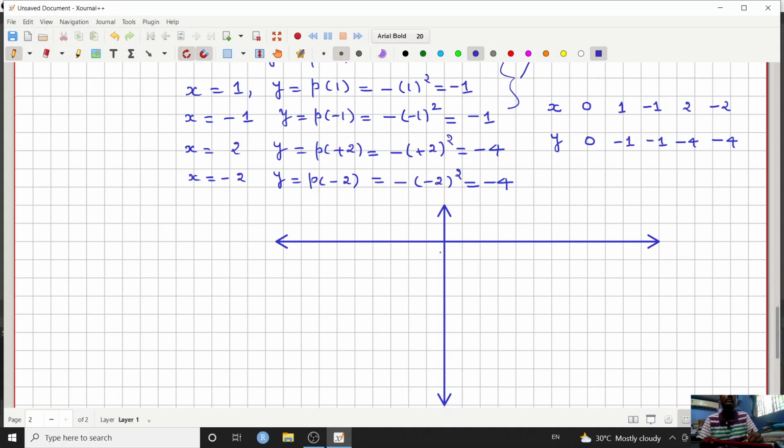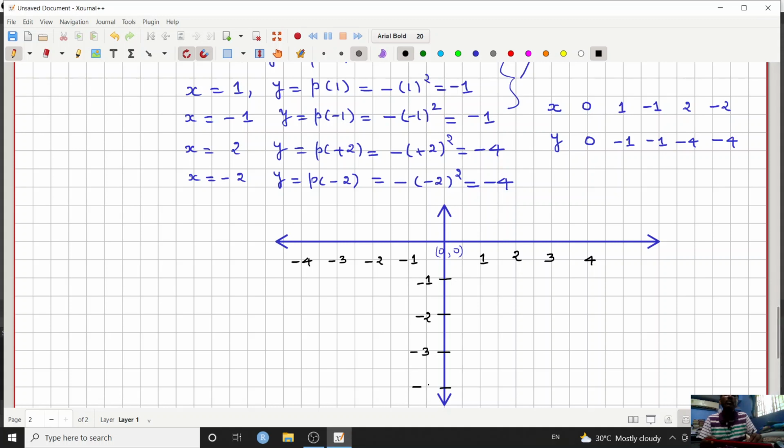This point is the origin 0, 0, and this is 1, this is 2, this is 3, and this is 4. Likewise, here it is going to be minus 1, minus 2, minus 3, and minus 4. Likewise, this is minus 1, minus 2, minus 3, and minus 4.